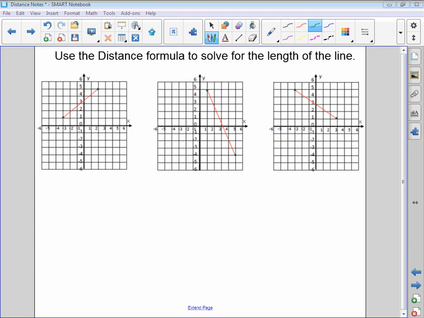All right, so now we will start with this first problem. We will find our 2 points. Use a different color there. So our first point is here at -3, 1.